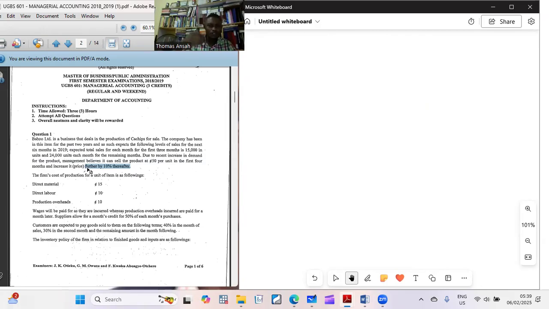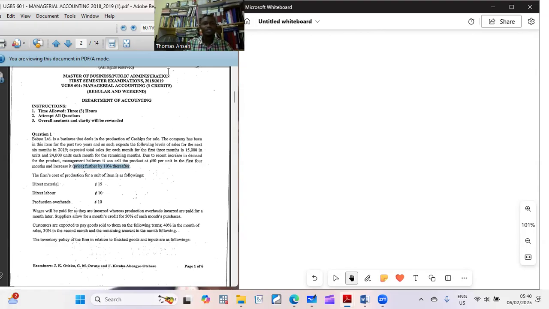So maybe the 5th month is 10% of the 4th month's increment, then the 6th month will also be 10% of the 5th month's increment, depending on what the question says. But this one, it is clear that it is basically saying that it increased 10% thereafter.